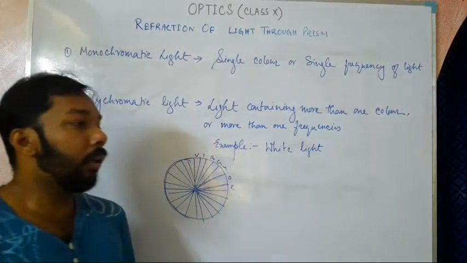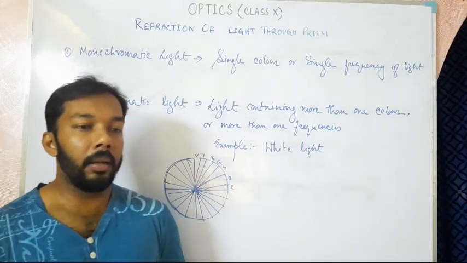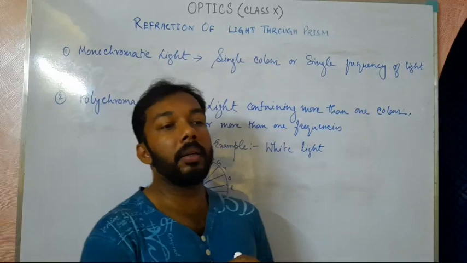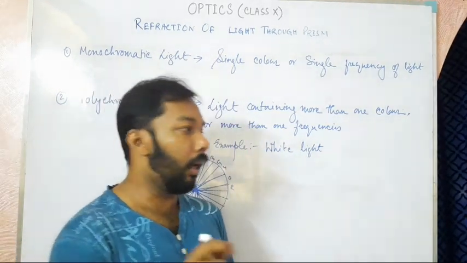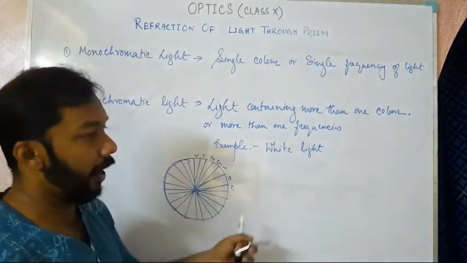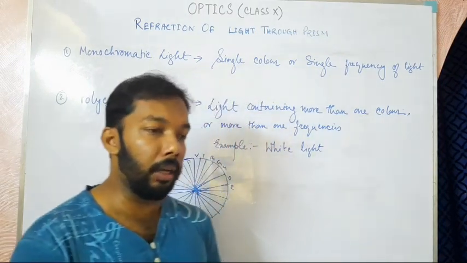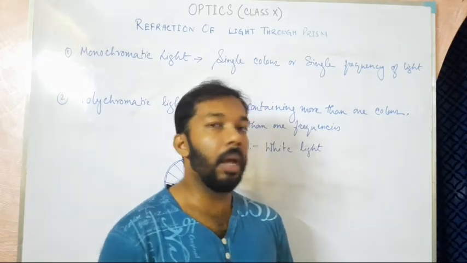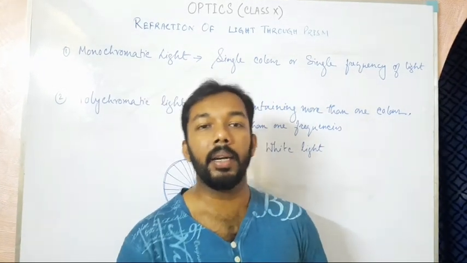Now, you might have one confusion. Students, you can do one thing. You can take your color box and mix all the colors all together: violet, indigo, blue, green, yellow, orange, red. You rub them on your page one after another, sequentially. And you will find, instead of coming white, it is turning black.